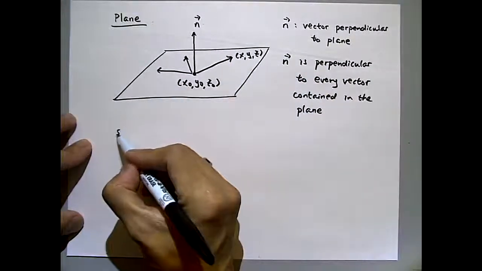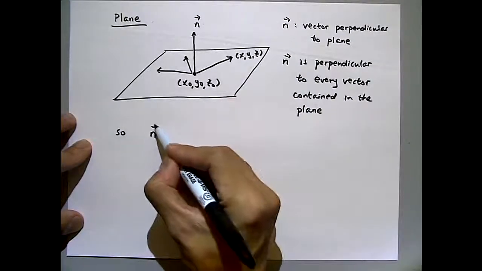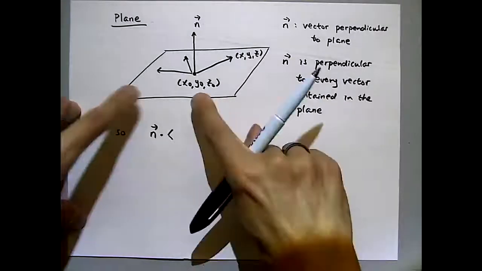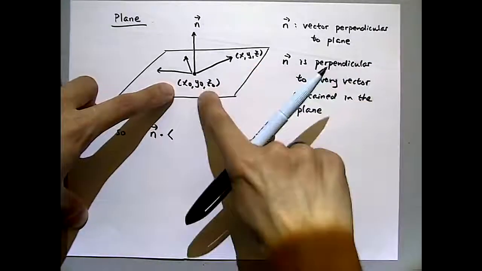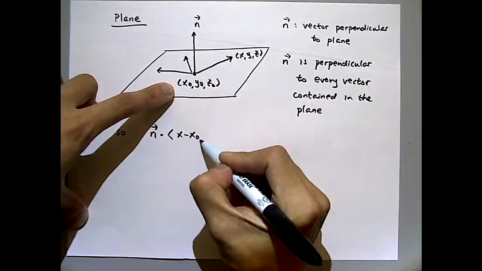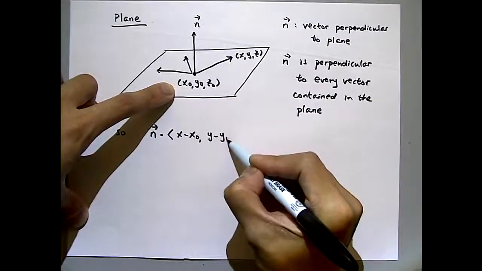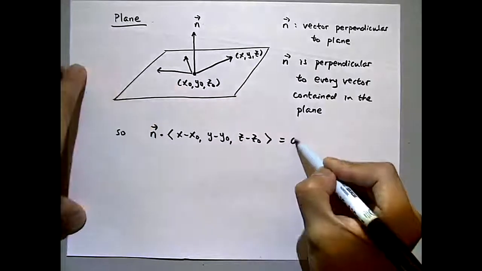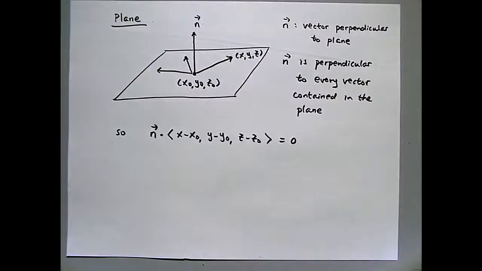So n dot the vector going from here to any arbitrary other point x, y, z is going to be 0 at all times, for whatever value x, y, and z.